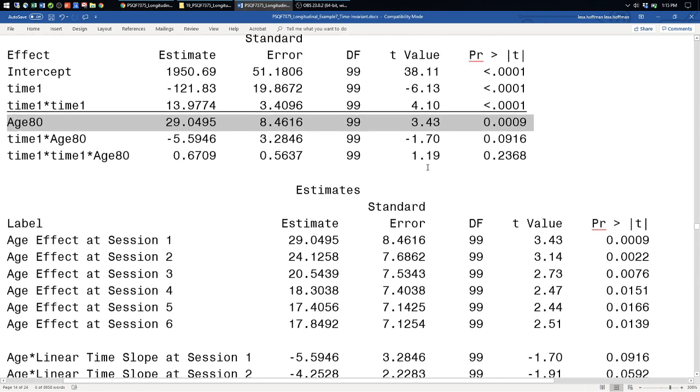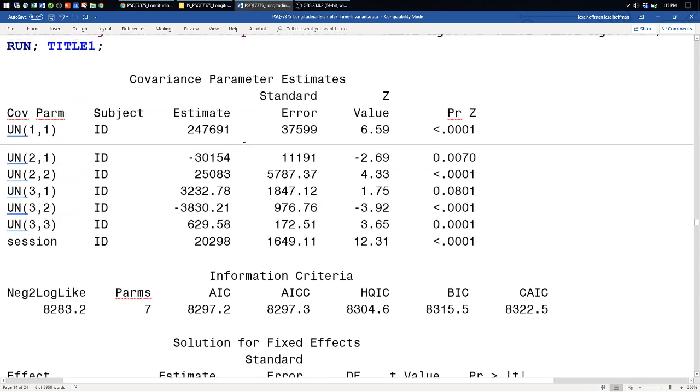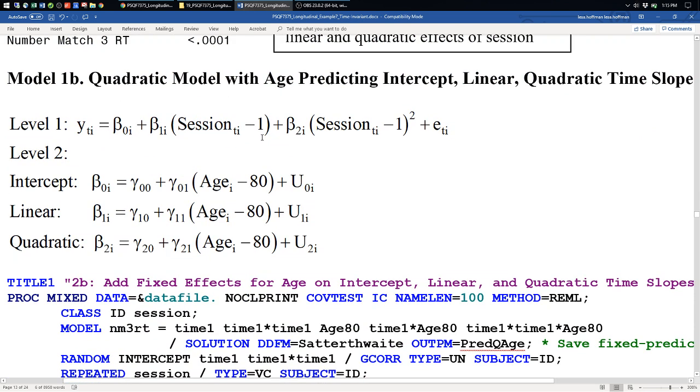Let me back up. Main effect of age, the 29. Where is that in my equation? Which gamma? Gamma 0, 1. Therefore, which variance did it explain? What is that? Random intercept variance, yep. Main effects explain intercepts.